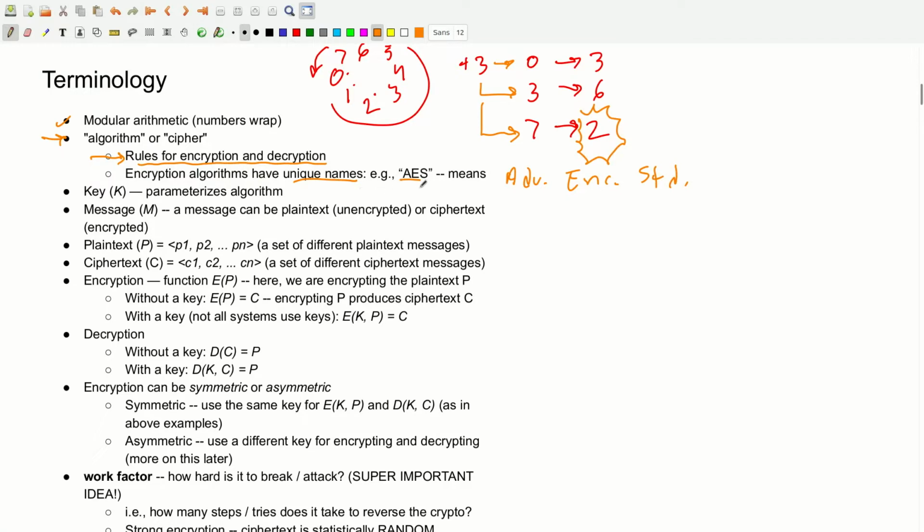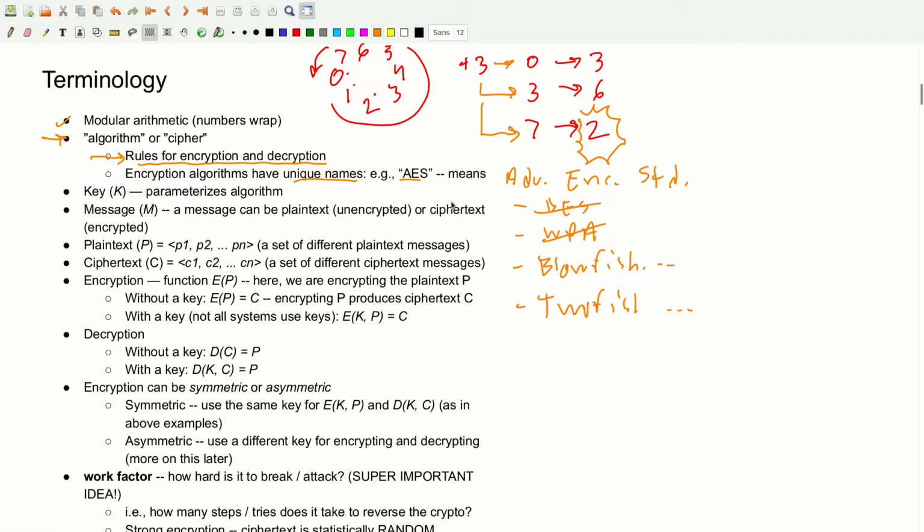But there are lots of other encryption algorithms too, like DES, which is terrible and you should never use. WPA, also terrible, you should never use. Blowfish, Twofish, and so on, right? So we give algorithms names so we know what we're talking about, okay?